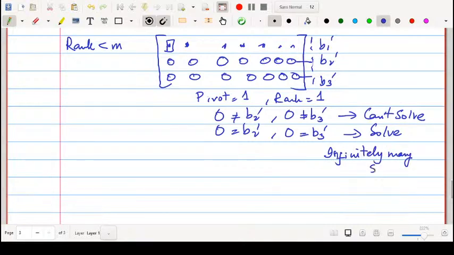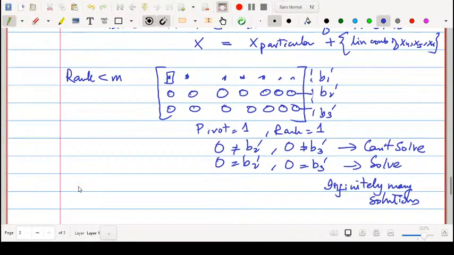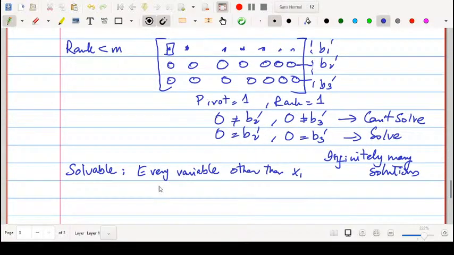In the case when it's solvable, then what you get is that x2, x3, x4, every variable other than the pivot variables is free, right?